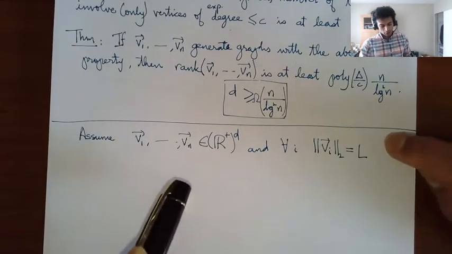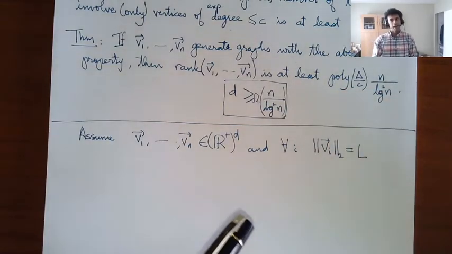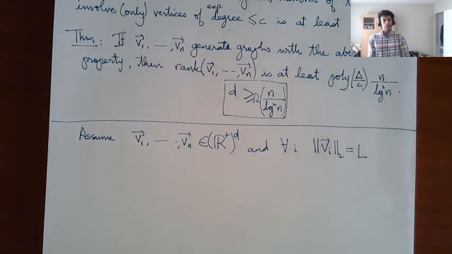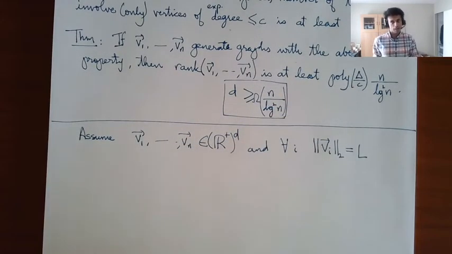Interestingly, in this case you can improve the lower bound to just n. It's essentially saying that you need all the dimensions, with this polynomial dependence on delta and c.